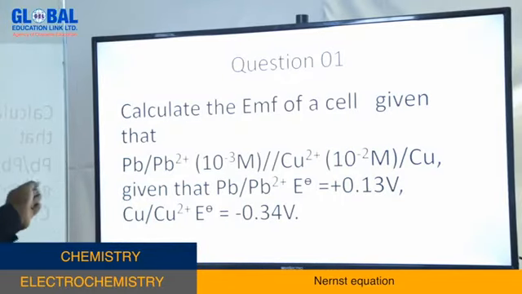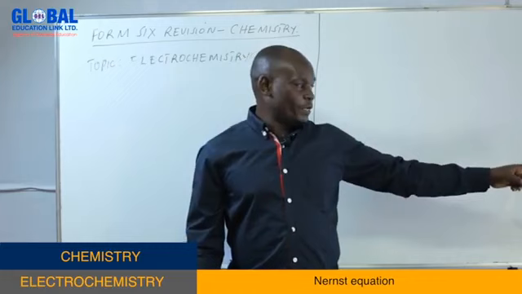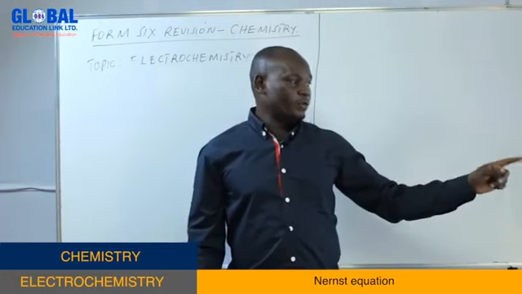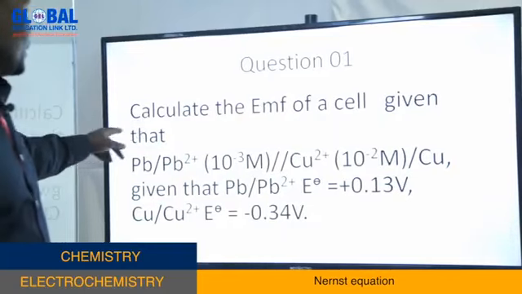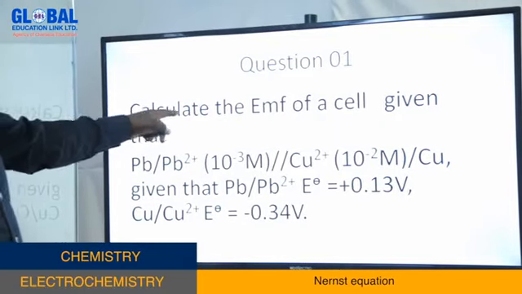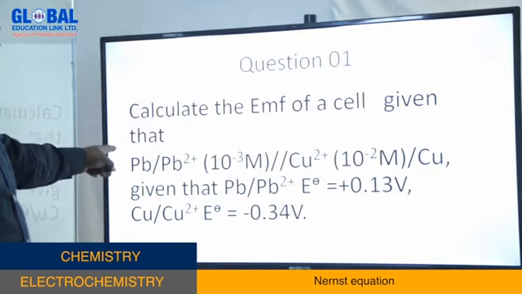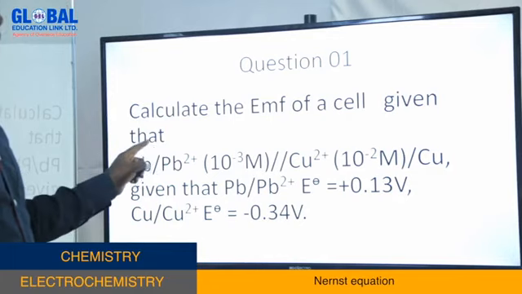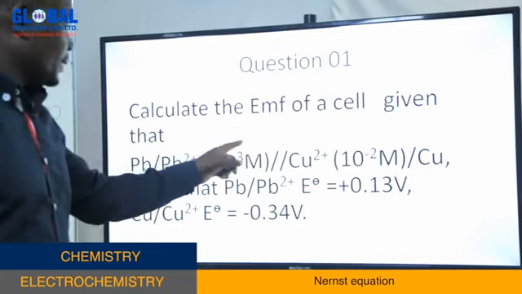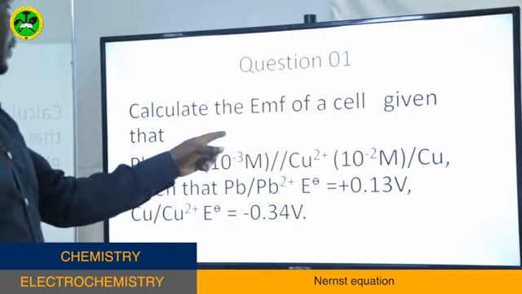Calculate the EMF of a cell given that our cell is of lead having a concentration of 10 per negative 3 moles per decimeter cubed, with another cell made up of copper with a concentration of 10 per negative 2 moles per decimeter cubed. Given their standard electrode potentials, 0.13 volts for lead and negative 0.34 volts for copper.